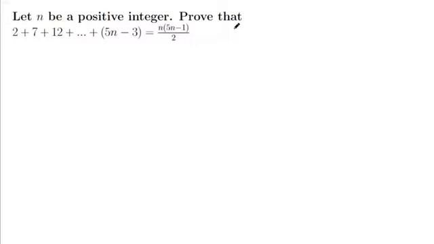And to prove something by induction, you start with a base case. We're going to say for n equals 1, we have 2 equals 1 times 5, 1 minus 1 over 2.